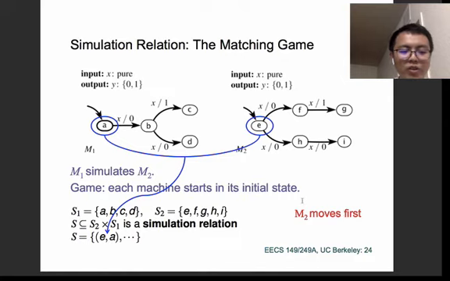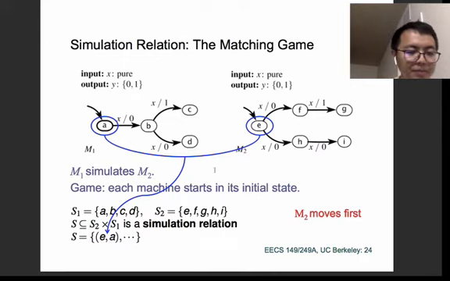So the motivation is that if M1 simulates M2, then M1 should follow M2's movements. M1 should try to mimic M2's movements, right? So we must let M2 move first, to check if M1 can follow the movement.